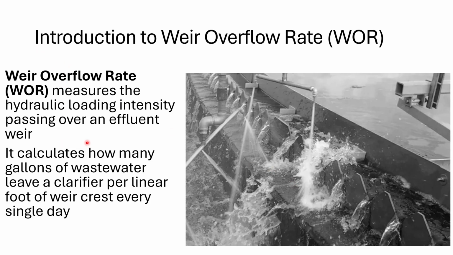And the Weir overflow rate measures the hydraulic loading intensity passing over that effluent weir. And it's going to calculate how many gallons of effluent wastewater leaving that clarifier per linear foot of that weir. So gallons per day over foot of weir. Funky unit, but you're going to find we deal with a lot of funky units in wastewater.